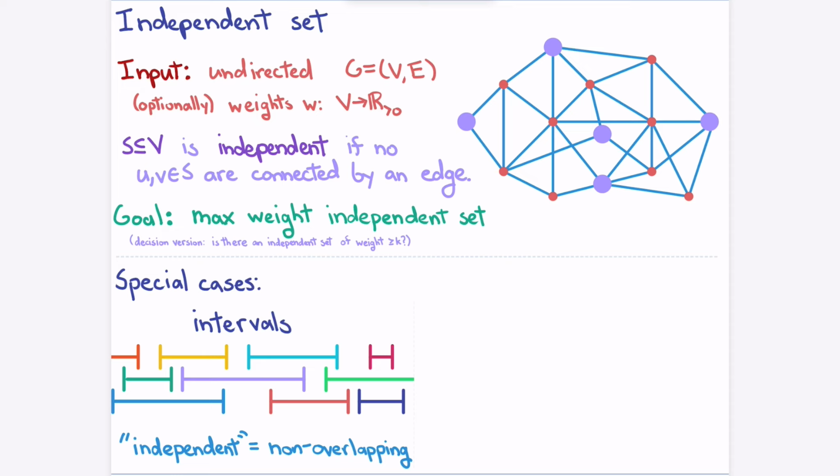You could think of this as a graph problem. If you think of each interval as a vertex, so here I'm drawing dots, one for each, and you have an edge between any 2 overlapping intervals, they represent the conflicts.